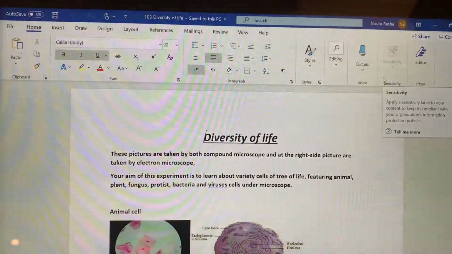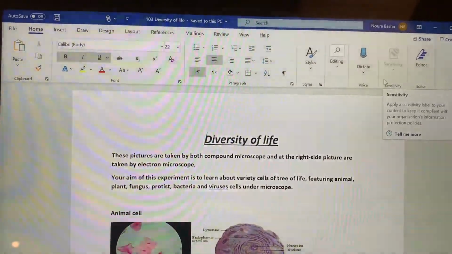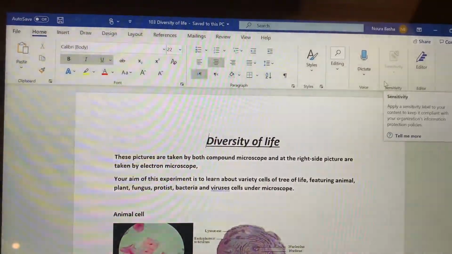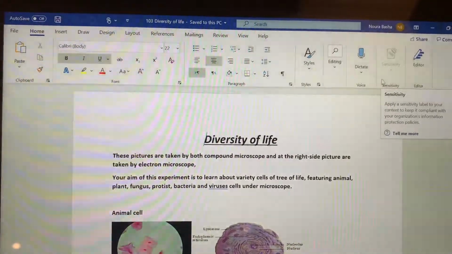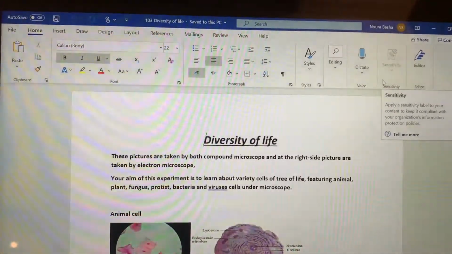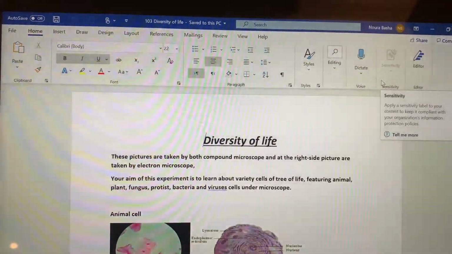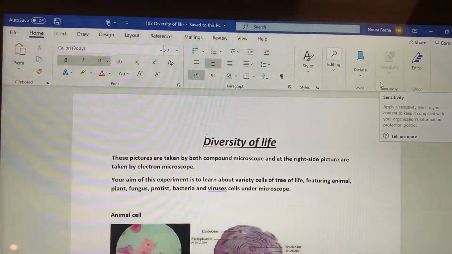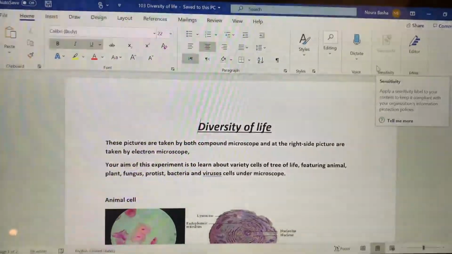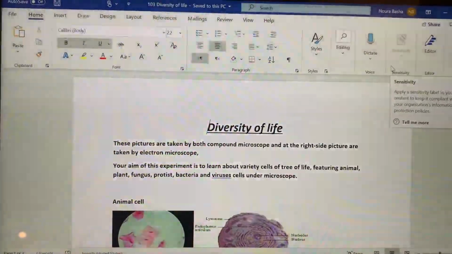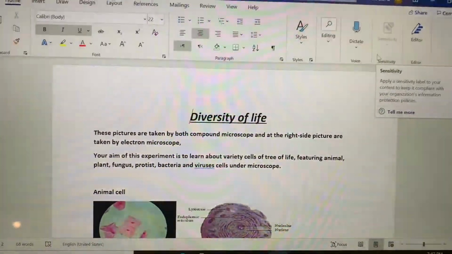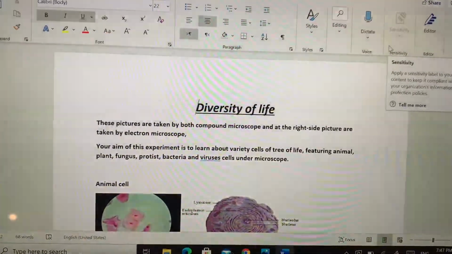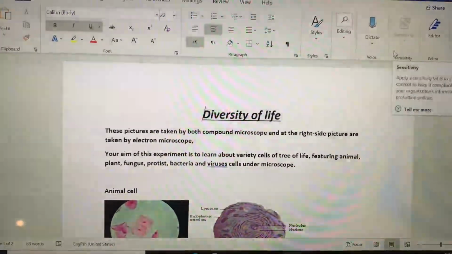So I am actually featuring for you over here what we have in the lab as microscopic slides. And till now, we actually did view a few cells together. So I hope that will be much more easier for you to absorb and understand the whole idea of this experiment. It's just learning about different shapes of cells.